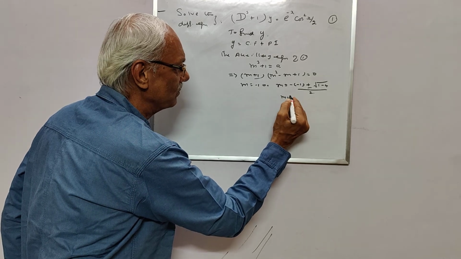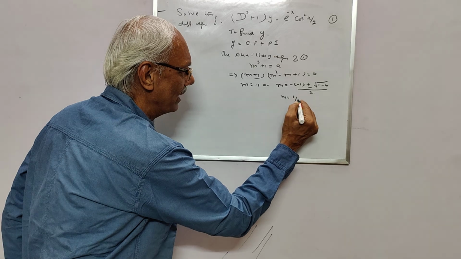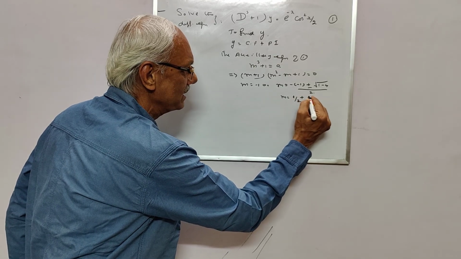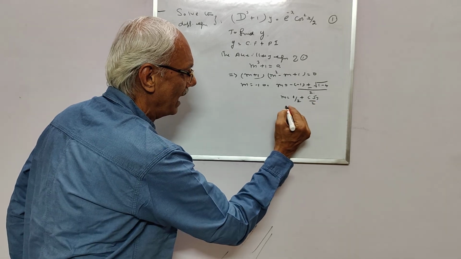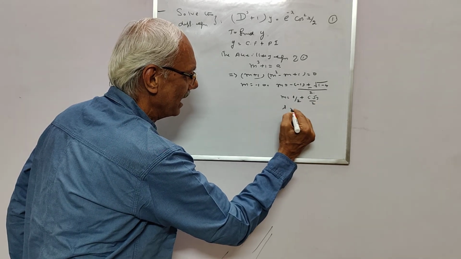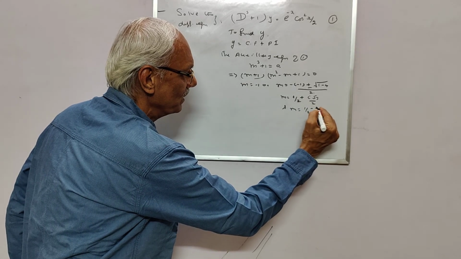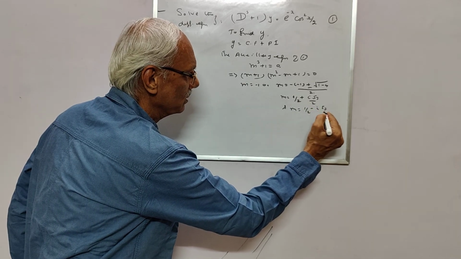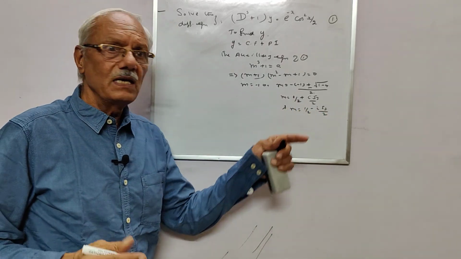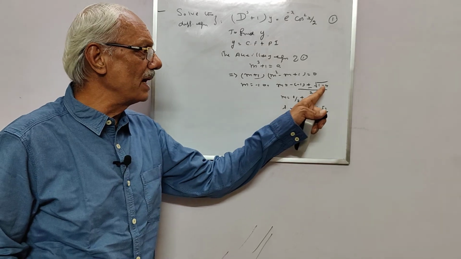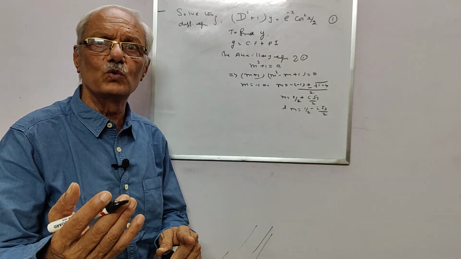So this gives me the value m is equal to half plus i root 3 by 2, and another, m is equal to half minus i root 3 by 2. So these are the two roots, and they are imaginary roots because minus 3 is an imaginary number which will be written as i into root 3.